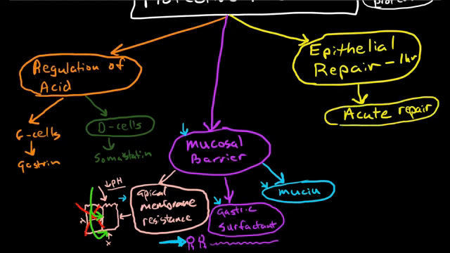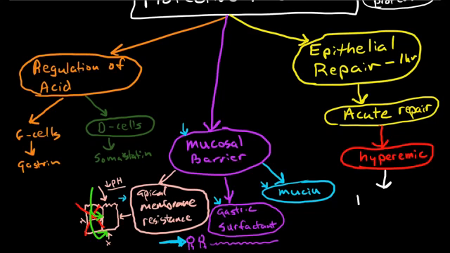What happens then is we have a hyperemic response. So we have vasodilation of arterioles and increased blood flow to the mucosa. And this is an important step in the next step, which is the formation of a mucoid cap.